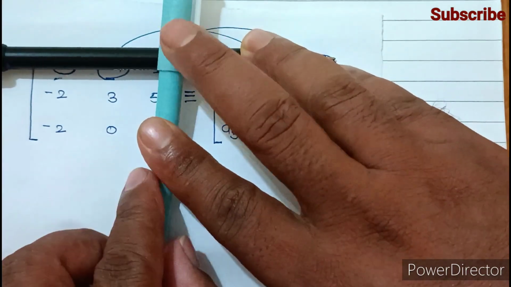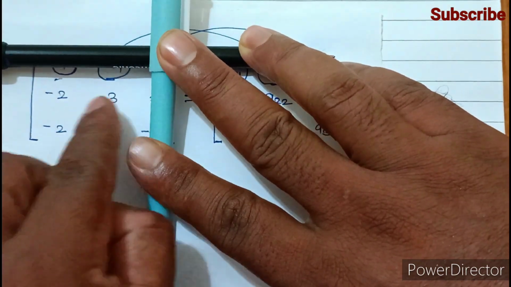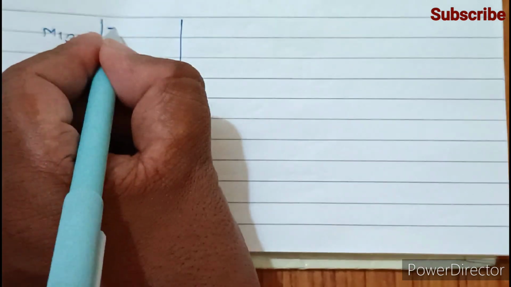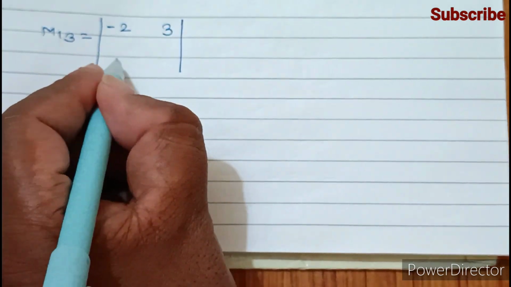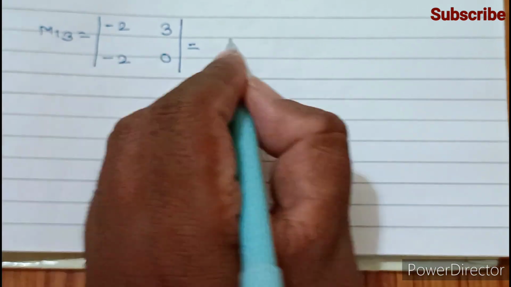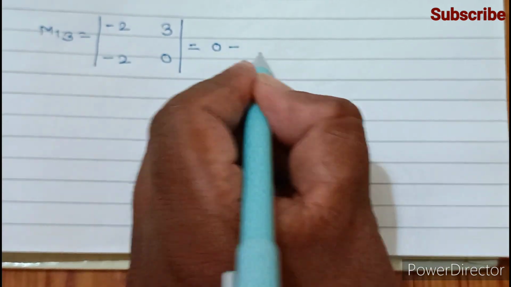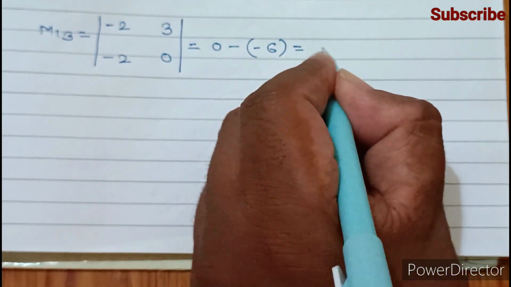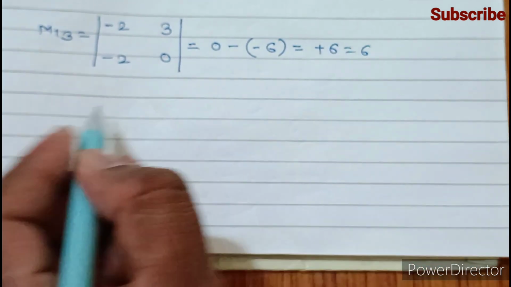The remaining elements in the determinant will be minus 2, 3, minus 2, 0. The solution will be minus 2 into 0, that is 0, minus 3 into minus 2, that is minus 6, so plus 6.